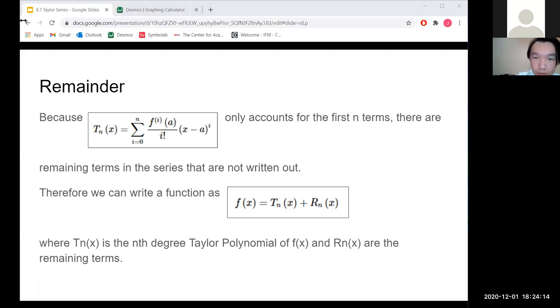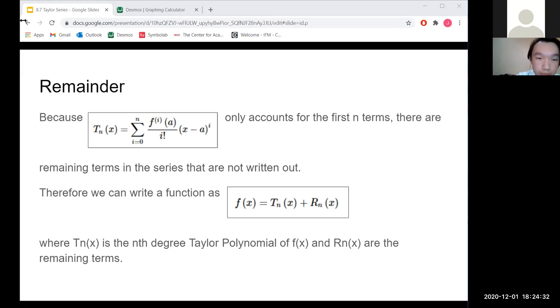Okay, so there's a thing called a remainder. A function for this particular question would be e to the x, right? There's a Taylor series representation, which is this thing right here, but you can think of it as two parts.